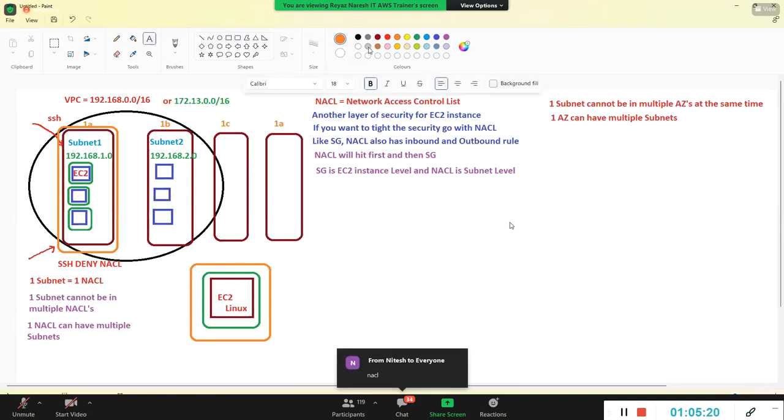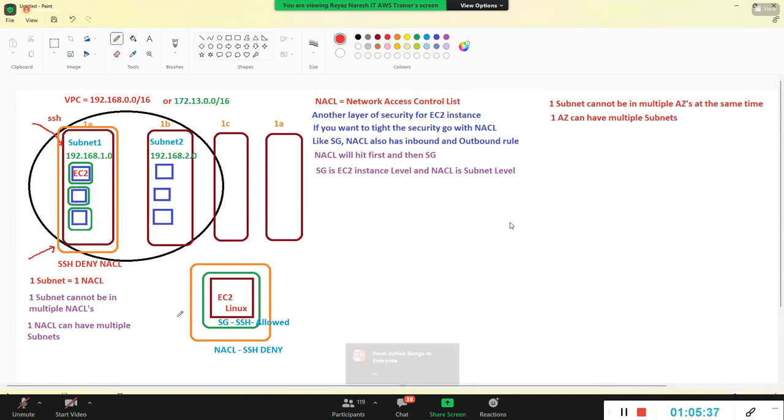In the security group, I have allowed SSH, but in NACL, SSH is denied. You tell me, is it possible for me to log into the EC2 instance using SSH? No, because SSH is denied over here.